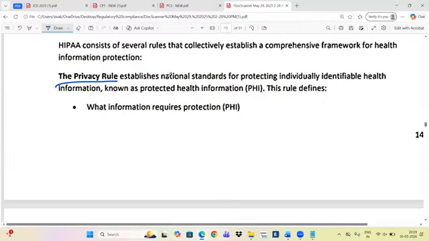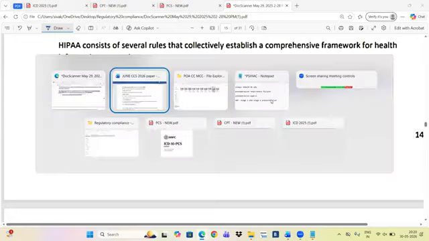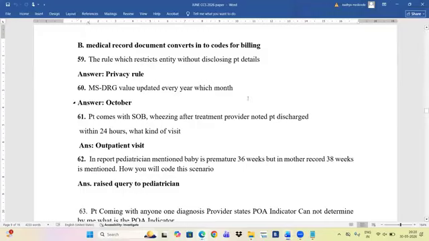The privacy rule establishes a national standard for protecting individually identifiable health information, also known as protected health information. An individual person's health information is protected by the privacy rule. Privacy means security. So the rule which restricts disclosure of patient details is the privacy rule. Based on the privacy rule, we should not disclose the patient details anyway. Individually identifiable health information we need to protect.